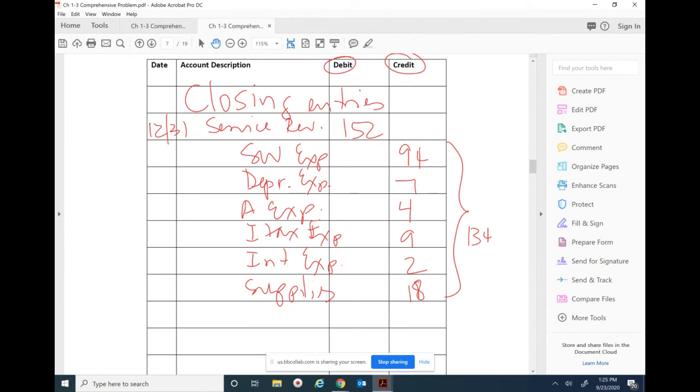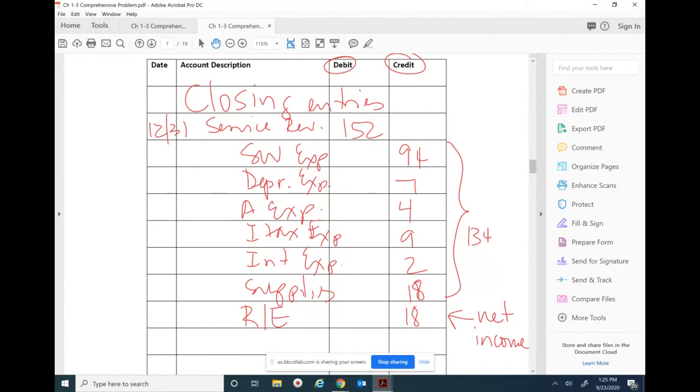My debits and credits do not balance. I have to credit the $18 to retained earnings. I am moving the balance from service revenue and all the expense accounts into retained earnings. So what am I moving to retained earnings? The net income. So this is the closing entry for this problem.